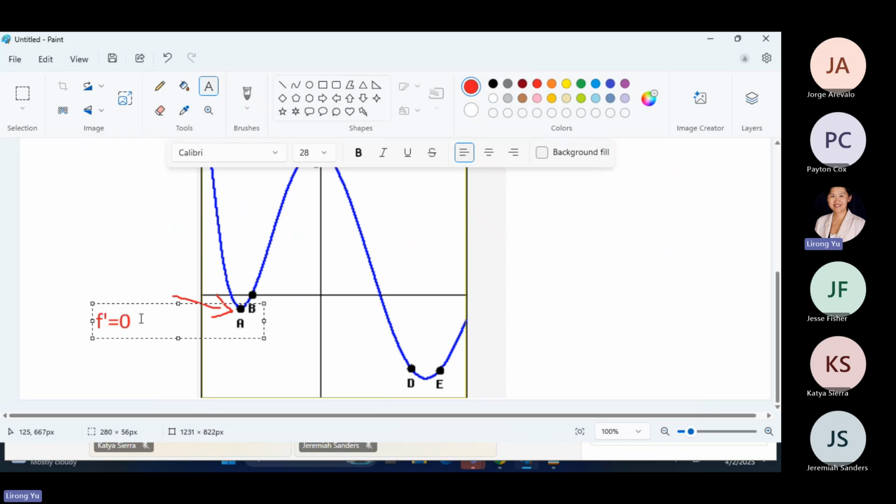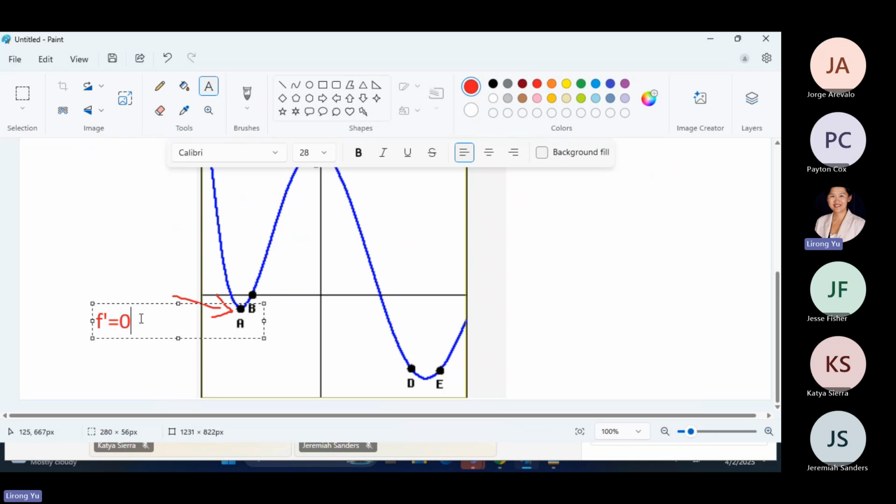On the other hand, you see at A the function goes decreasing then increasing. So the derivative is negative and then positive, right? If the derivative went negative then positive, that means the derivative is increasing. If the derivative is increasing, then the derivative of the derivative will be positive, right?